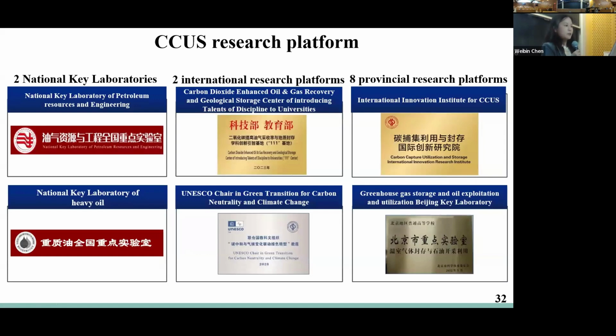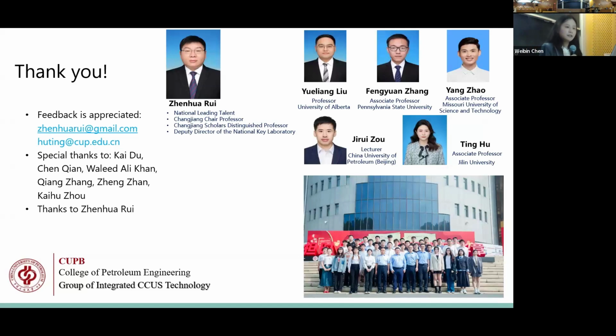Our research platform includes 2 national key laboratories, 2 international research platforms and 8 provincial research platforms. And this is our group, and our leader is Zhenhua Rui, and includes 5 members.